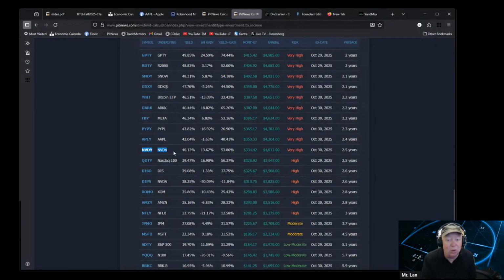NVDY, which is the Yield Max call option version, is making 40% on the premiums they're selling, and they didn't have any claims against them, so they made 13% on that. They're making a total of 53%.